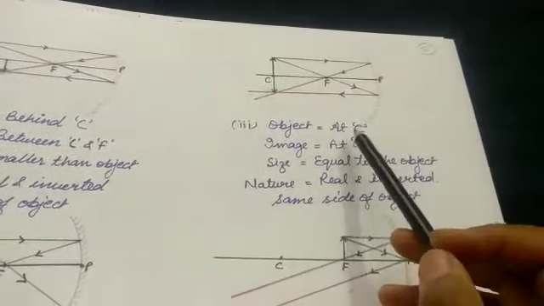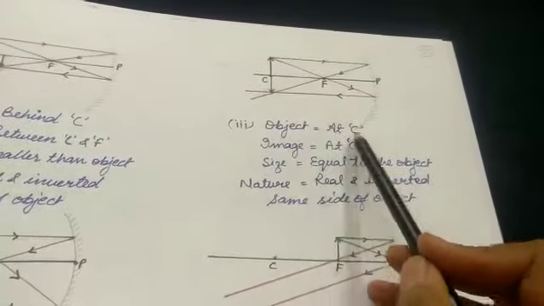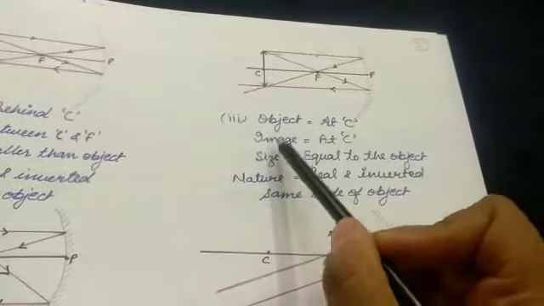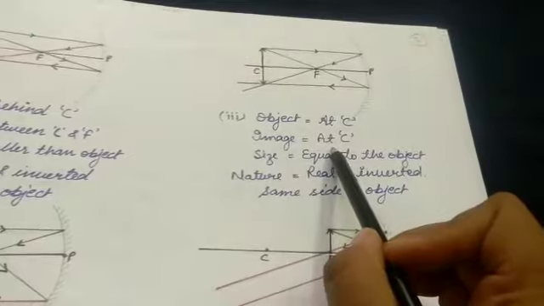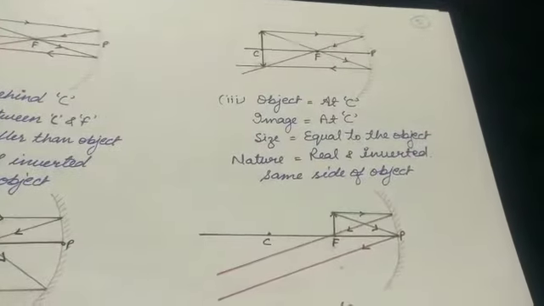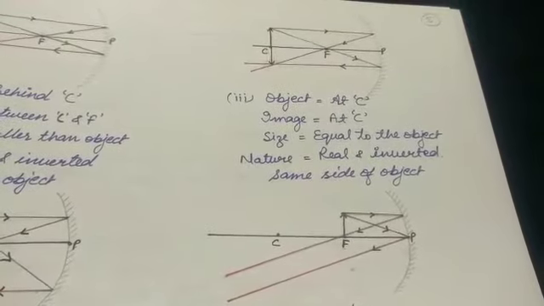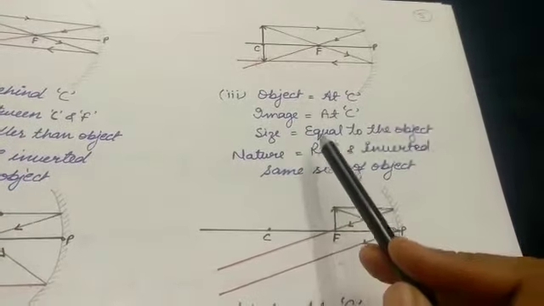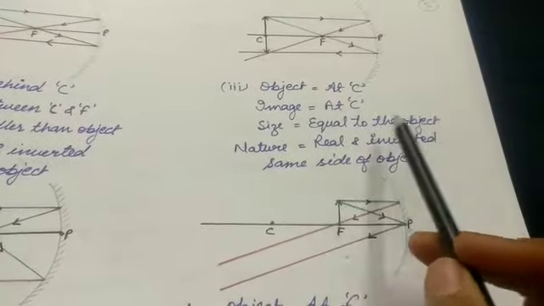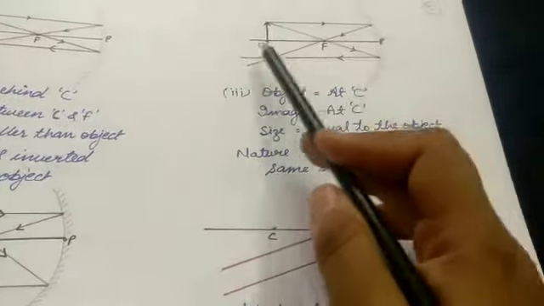So what information do we get? Now object is at curvature. See, object we have placed at curvature, and by the diagram we get that image is also forming at curvature itself. Okay, now size, you can compare that both the things, the object as well as the image, are of same size. So the image size is equal to the object. And again the light rays are really intersecting.